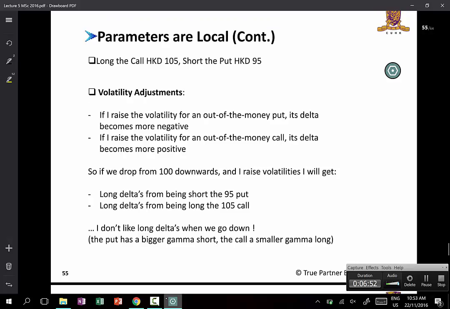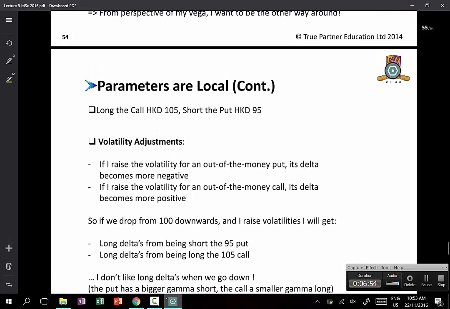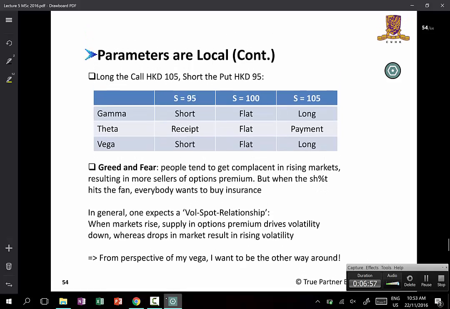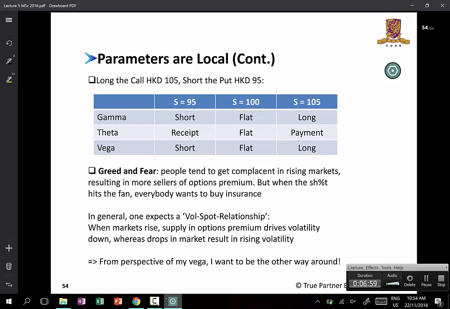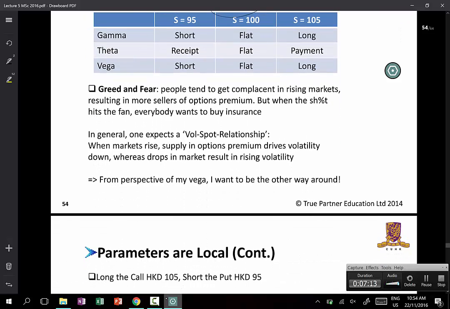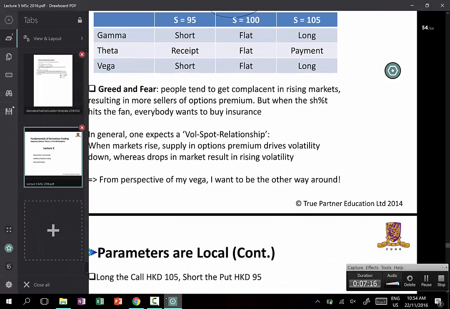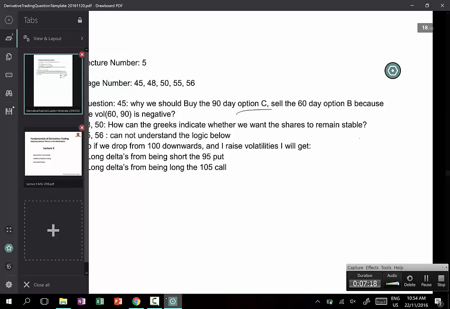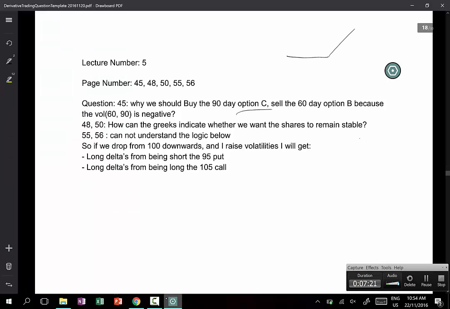I think this is, if I may just go back a page, regarding if you are long a call at 105 and you are short a put at 95, and the spot price right now is around 100. So both the call and the put are out of the money a little bit.